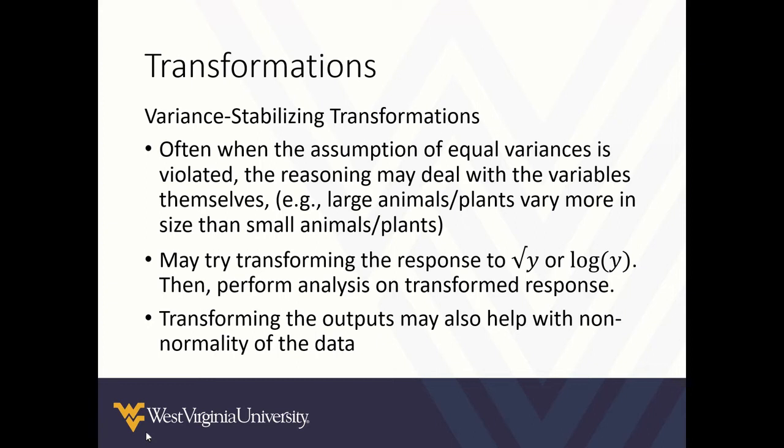This is not something we really want to do unless we absolutely have to, because it does affect how we interpret our results, because it's no longer x correlates to y, it's x correlates to the log of y or the square root of y. So if we don't need to do this, we don't want to, but sometimes it becomes necessary.